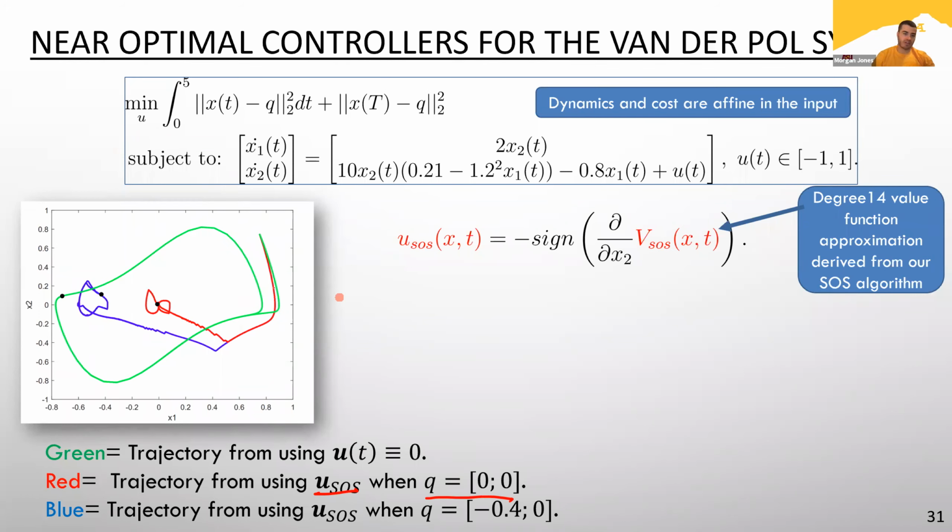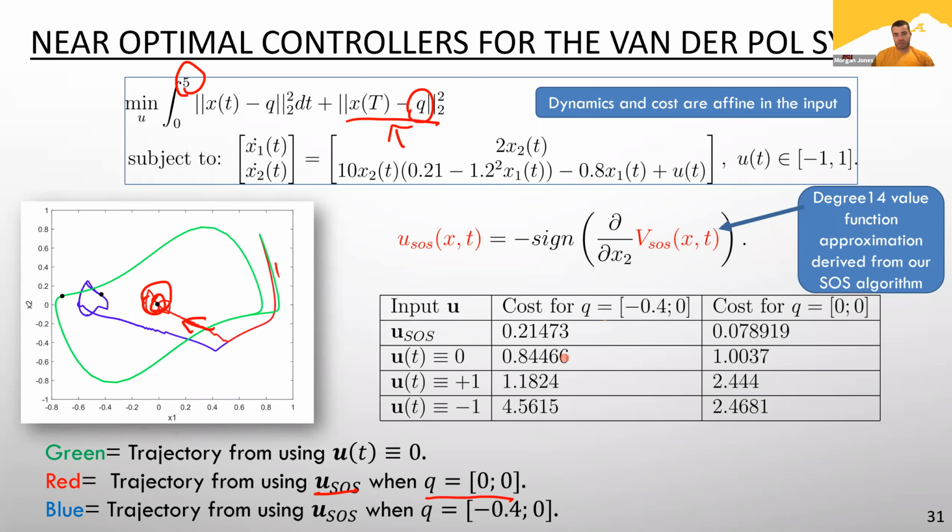So we can see the controller successfully drives the state towards the origin, circles the origin, and terminates nearly exactly at 0, and that's given by the black dot where the trajectory terminates after the terminal time, which is 5. And there's also a terminal cost, so you can see the controller is trying to get the state to finish as close to q as possible. And a similar thing is happening with the blue trajectory when q is -0.40.